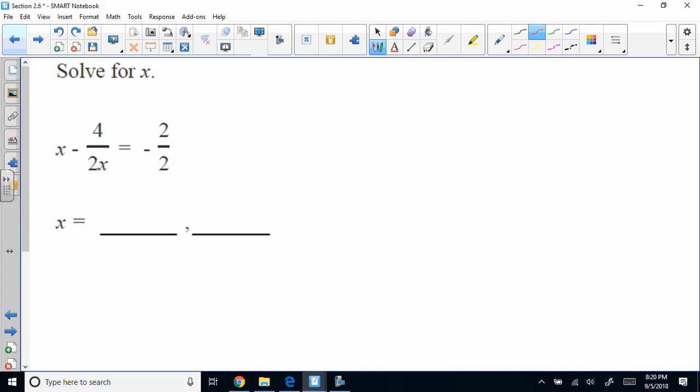Do we have a value for x that wouldn't work? 0. Yeah, we have an x in the denominator, so therefore we have what? Basically x values that would make it undefined, right?